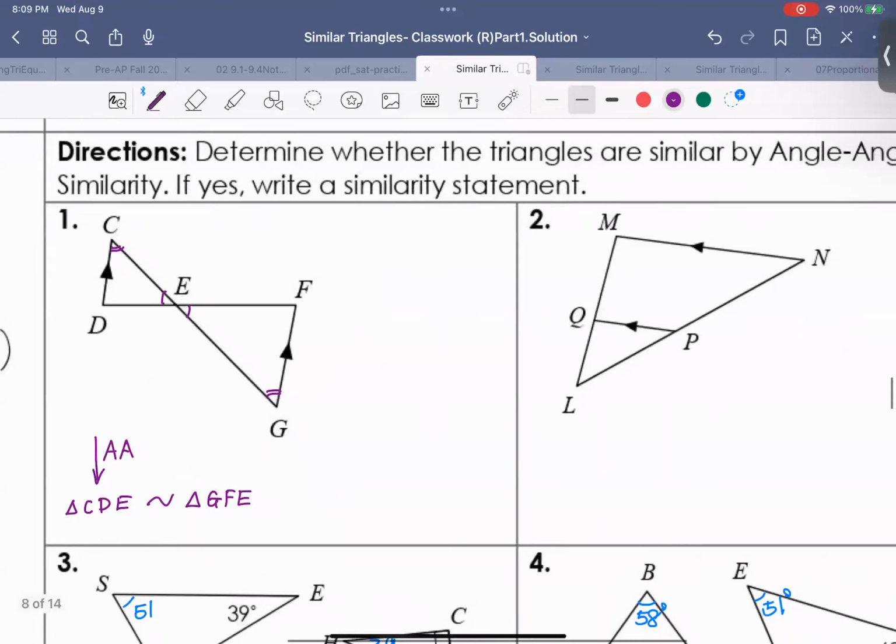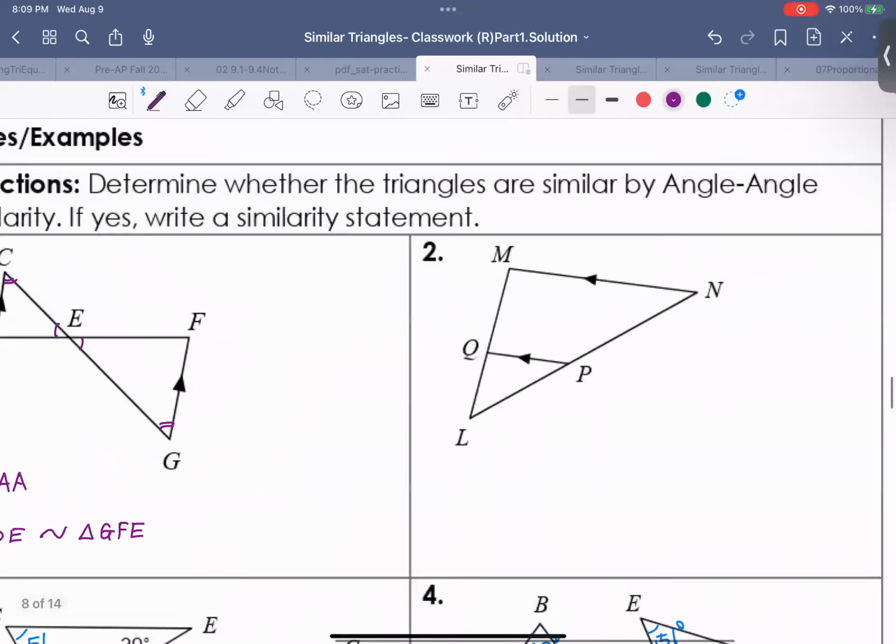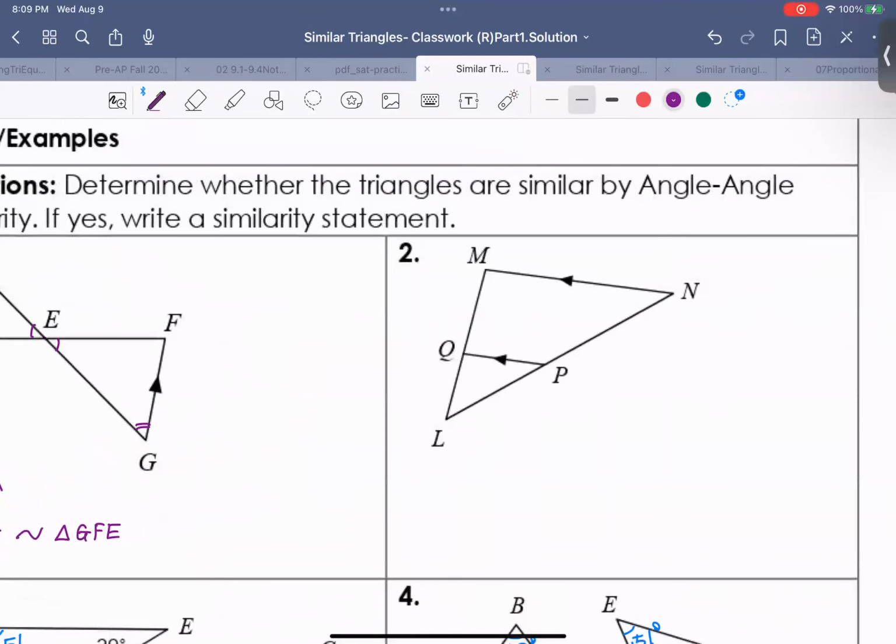And you can do the next one also. Number 2, please. So we know that they share the top angle. Yes. Reflexive property. And then we also know corresponding angle. Good.